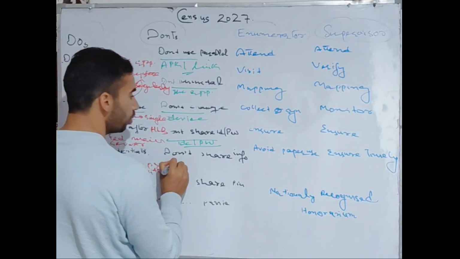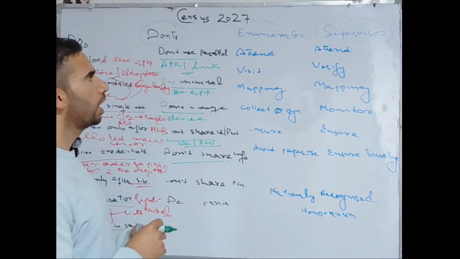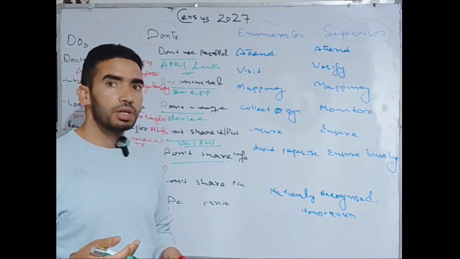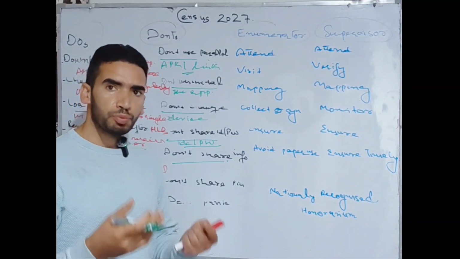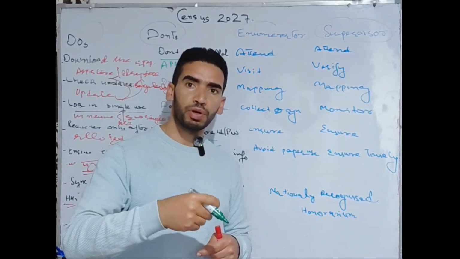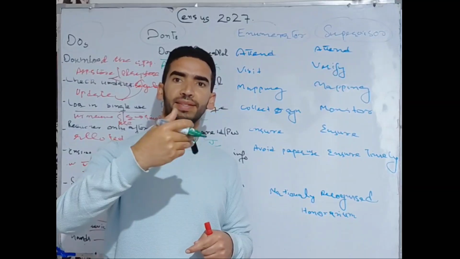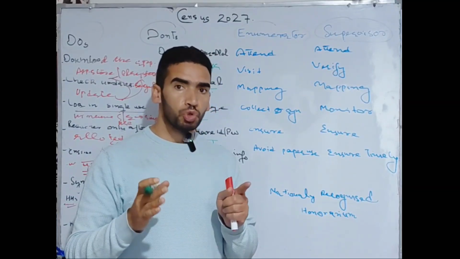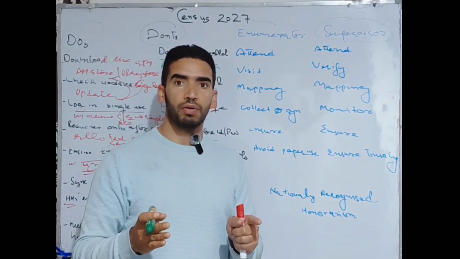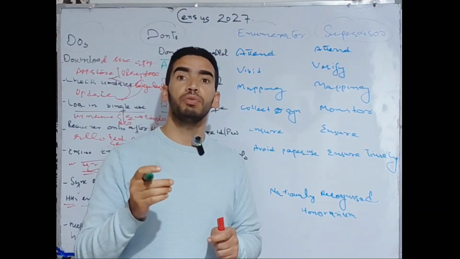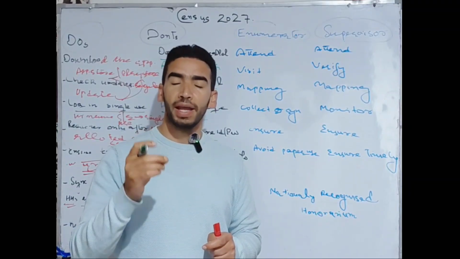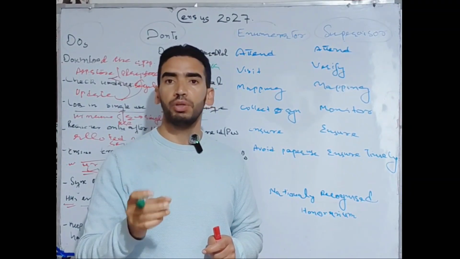Next thing is, don't share information. When you are doing the assignment of Census 2027 as an enumerator or a supervisor, you will get information about a particular household, an individual, the building, the census house. But you should keep all these things very confidential, because even a person applying through RTI is not authorized to get census information individually.